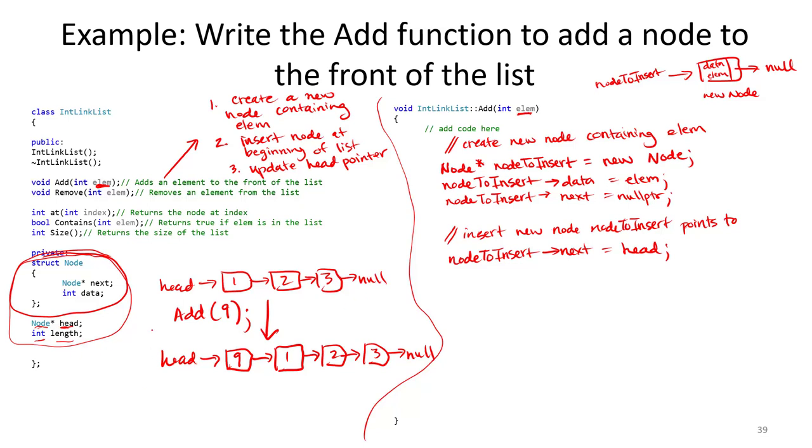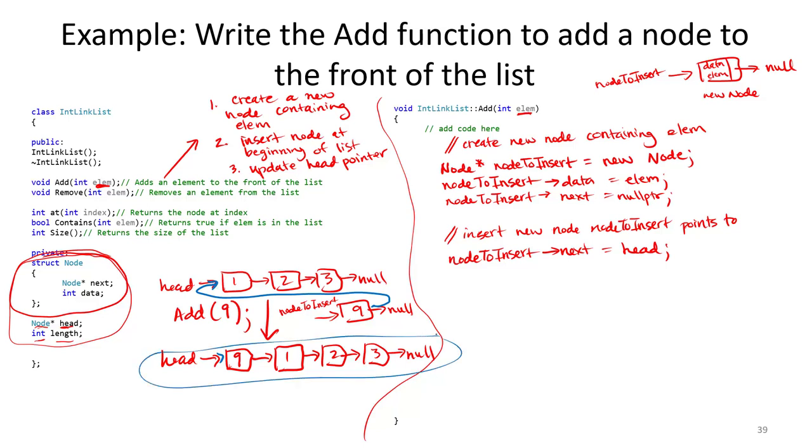So now, if I had this new node containing number 9, for example, notice I could just essentially perform this connection to make that node attach at the front where head points, and then we would get our desired result. But remember, we need to update the head pointer so that it points at the very first node.